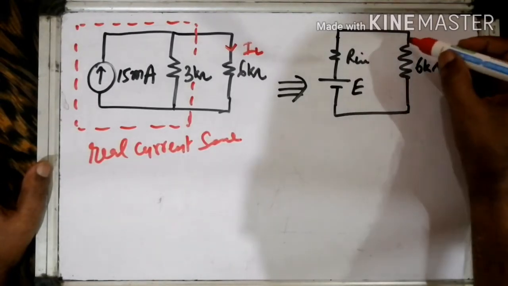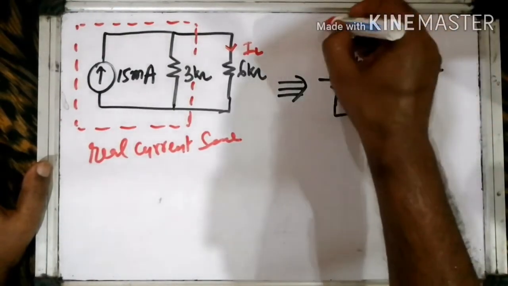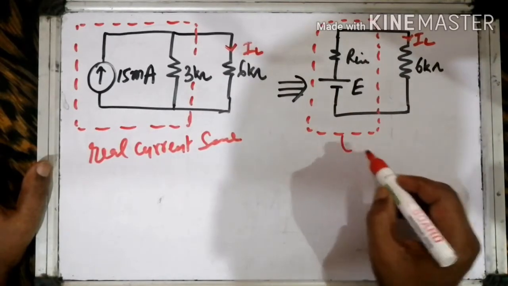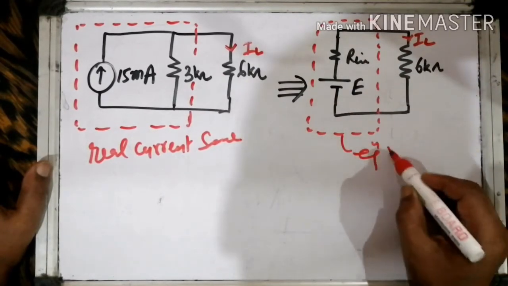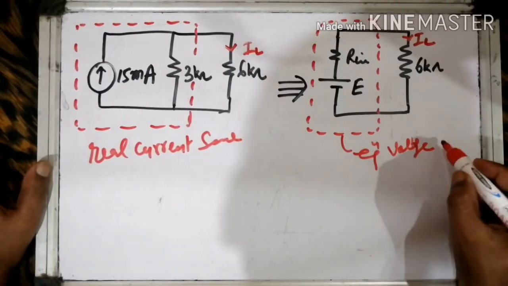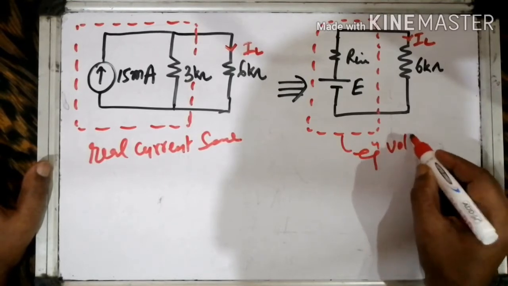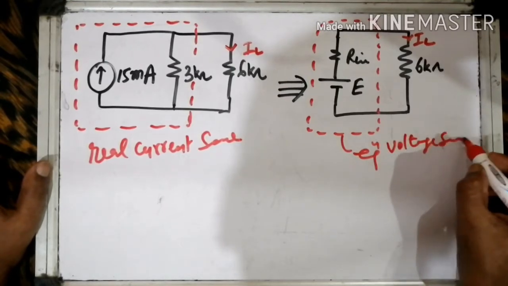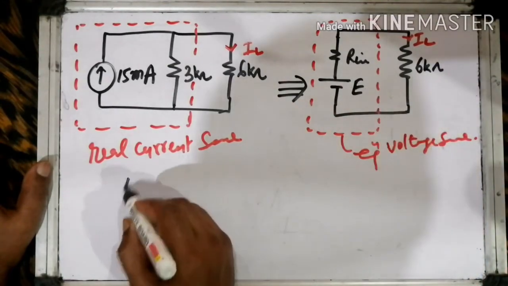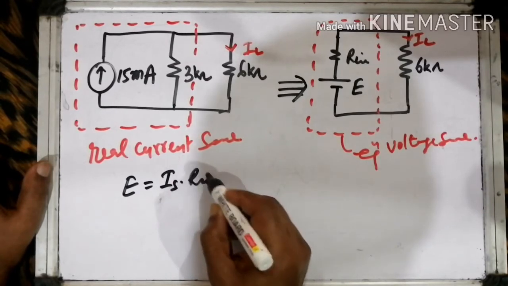Our task is to calculate the current in this 6 kilo ohm resistor by converting current source into the voltage one. This one is an equivalent voltage source. Right? Okay, first of all, calculate the value of E, which is nothing but current source into Rin.